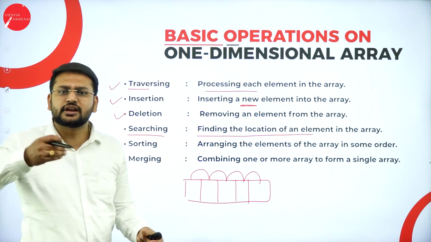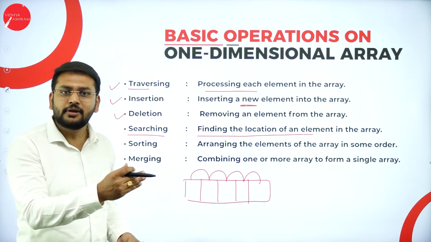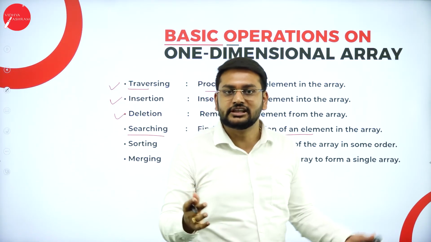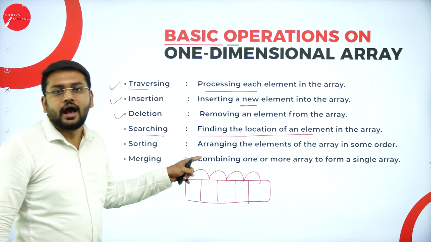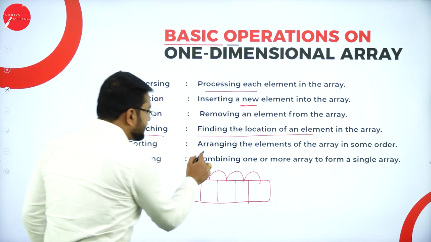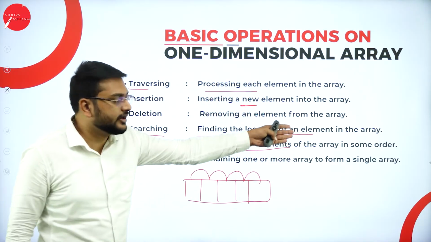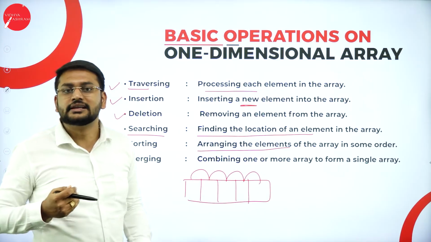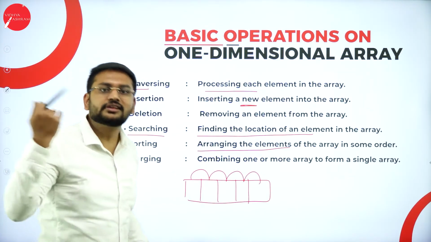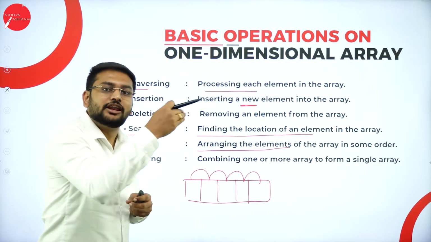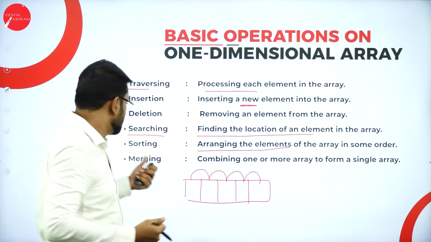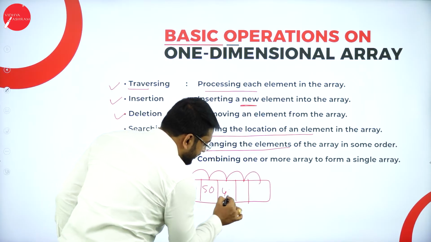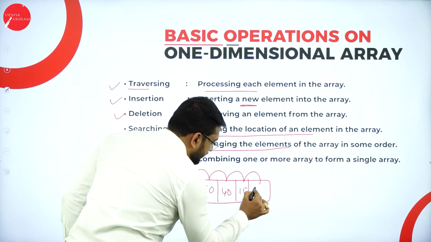Sorting in the sense you are trying to sort the elements of an array either in ascending order or in descending order. That's what they have mentioned: arranging the elements of an array in some order, either ascending or descending, increasing or decreasing order. Say for example, I have 10, 50, 40, 15 and 20.